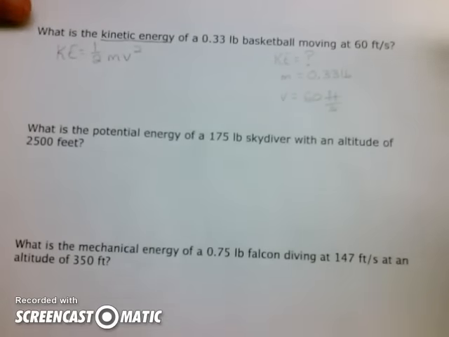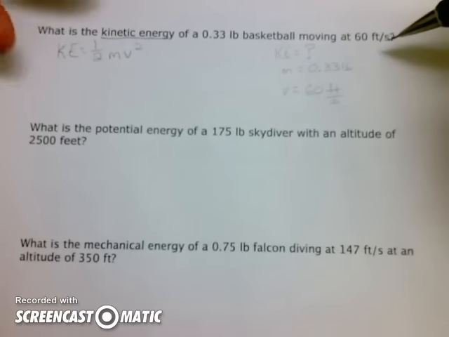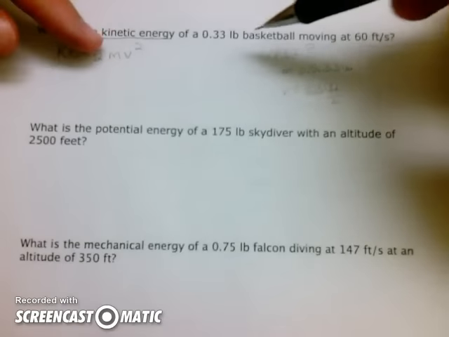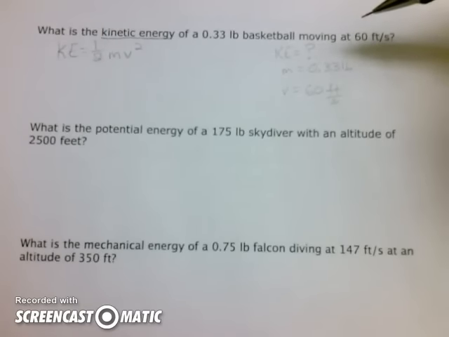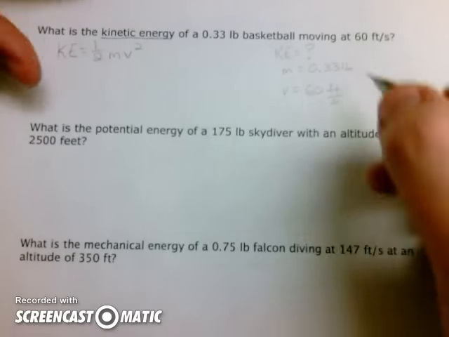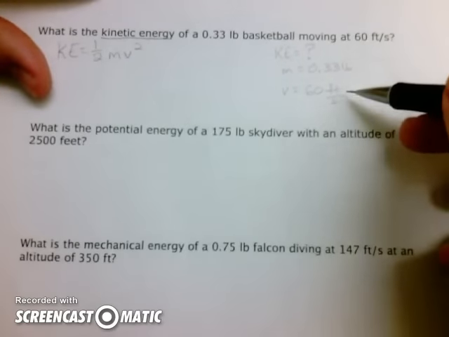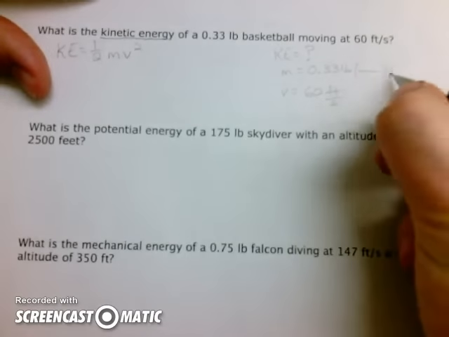One thing that's really different on this problem is I've got pounds and feet per second. If I just put those in here, I'd get feet squared over seconds squared, and I'd have pounds. I would not end up with joules for my units. So to calculate your answer in joules, you need to convert this to kilograms and convert this to meters per second. Each of these only requires one step.